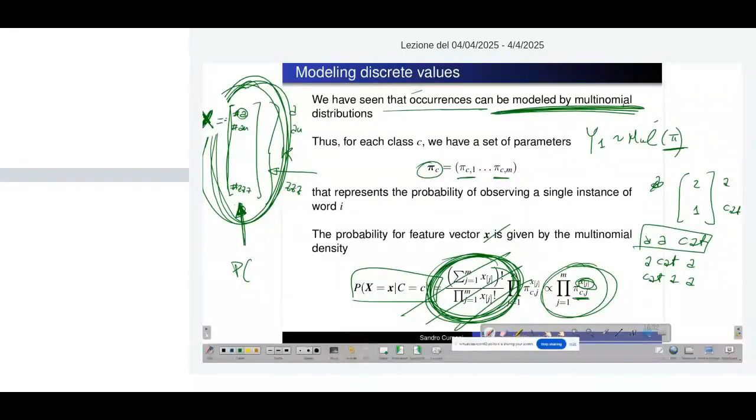A multinomial model describes these documents in terms of number of occurrences of words inside the document, but this is exactly the same model that you would get if you were considering the documents as a sequence of words, each independent of each other, each with its own probability that depends only on the word that I observe.